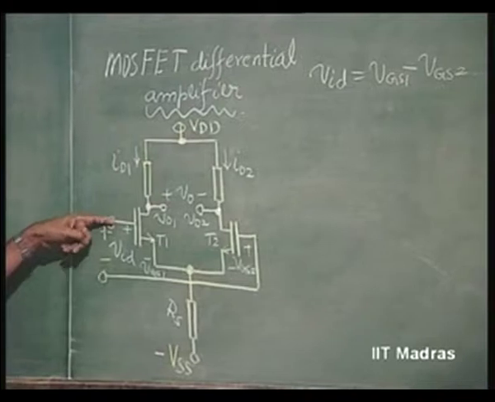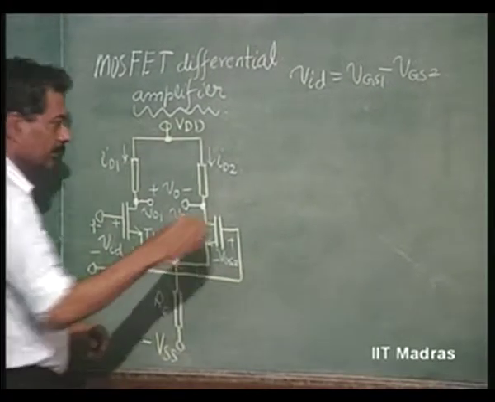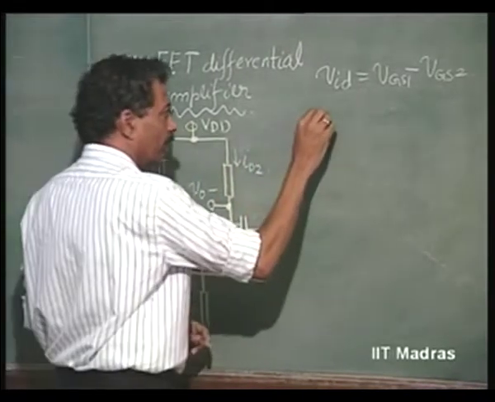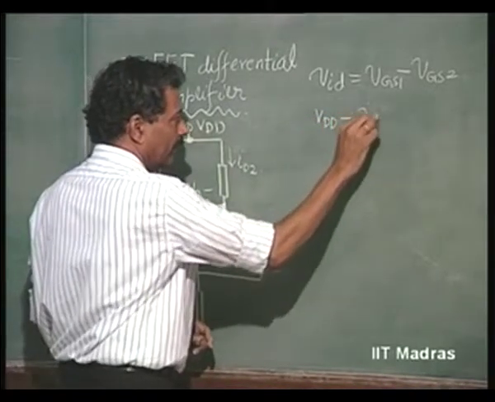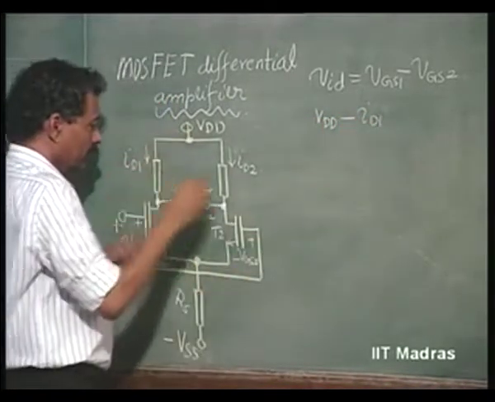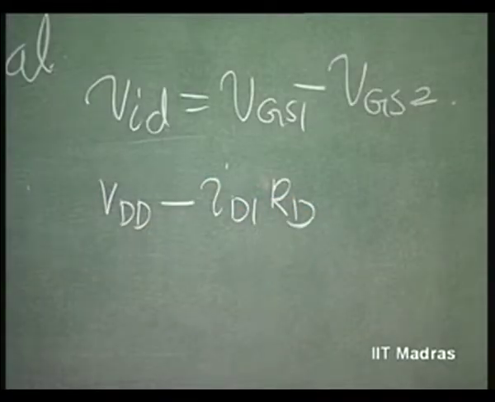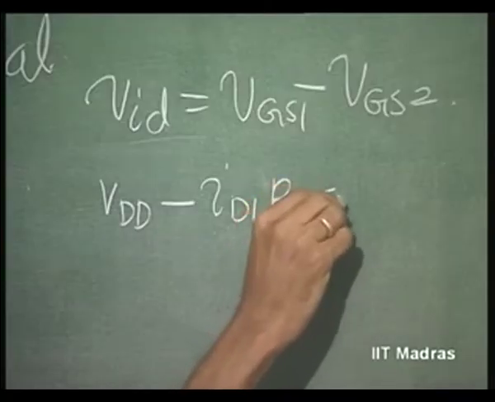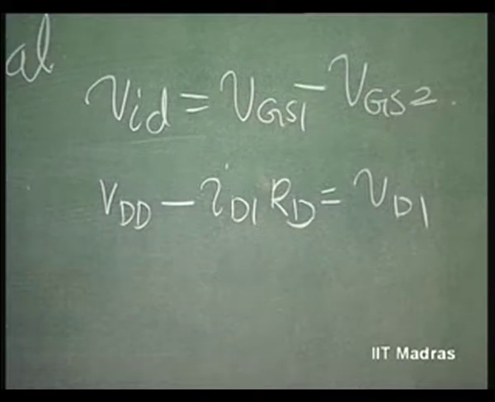Next, we know that we will go from here: VDD minus ID1 into RD, this is RD, this also is RD, equals VD1, at this point.